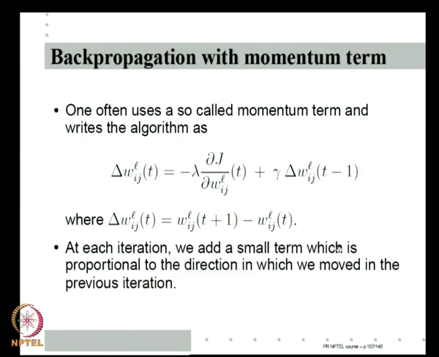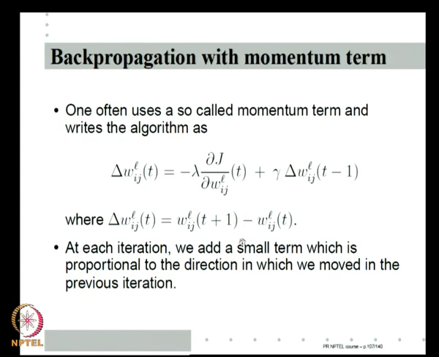What did the second step give me? This is delta Wij(t-1), that is Wij(t) minus Wij(t-1). So, essentially in addition to the current gradient, I am adding a term which is proportional to the direction in which we moved in the previous iteration.